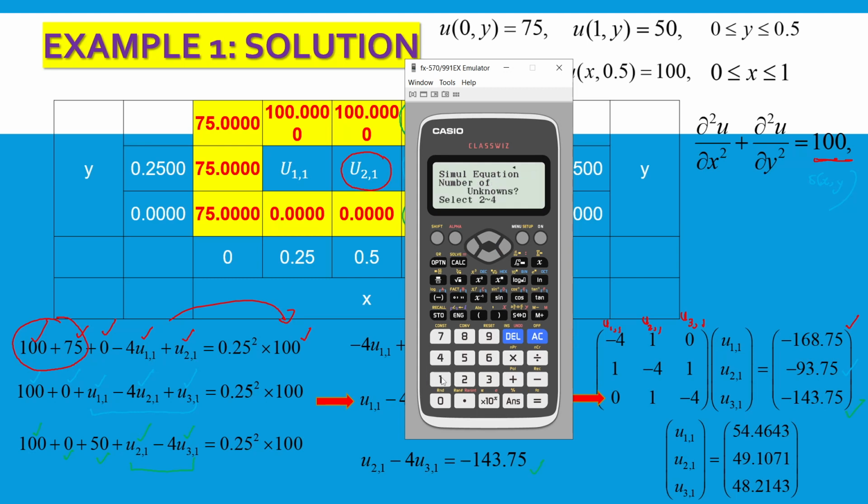Okay, so simultaneous equation, 3 unknowns. Key in your linear system equation by equation, the coefficients equation by equation.